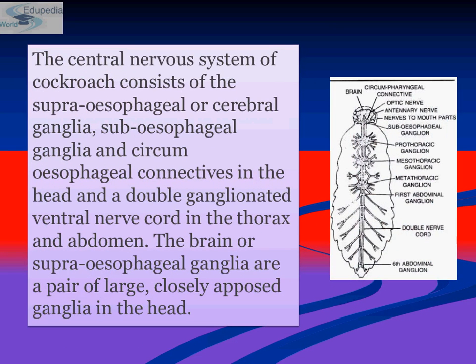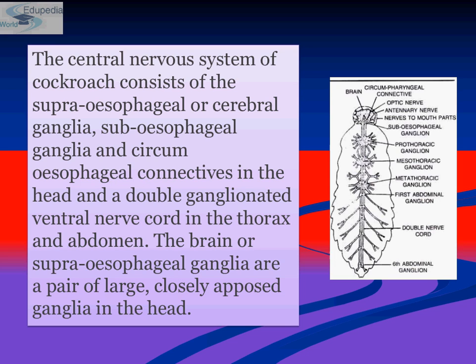The central nervous system of the cockroach consists of the supra-esophageal ganglion, sub-esophageal ganglion, or cerebral ganglion, and circum-esophageal connectives in the head, and the double ganglionated ventral nerve cord in the thorax and the abdomen.